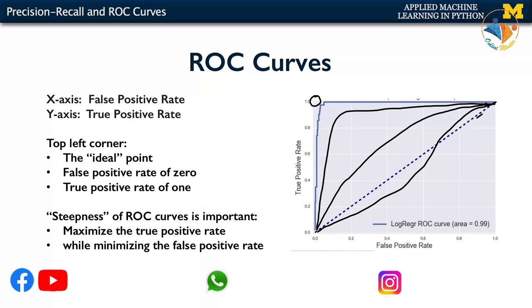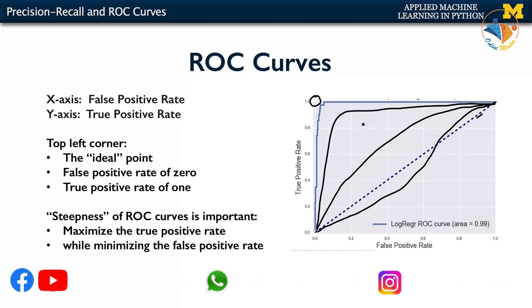This particular example is a logistic regression classifier using the notebook example that you've seen. The shape of the curve can be important as well, the steepness of the curve. We want classifiers that maximize the true positive rate while minimizing the false positive rate.